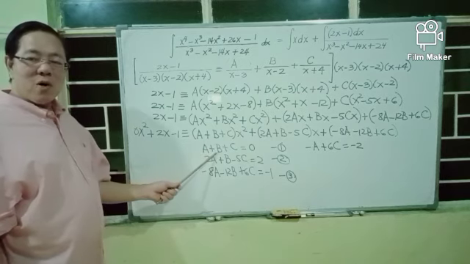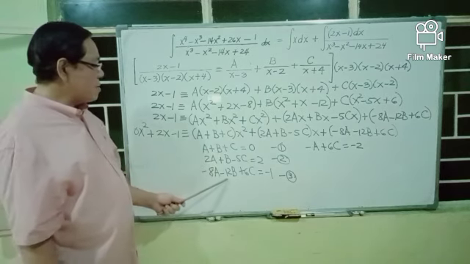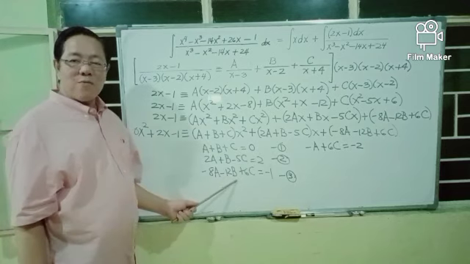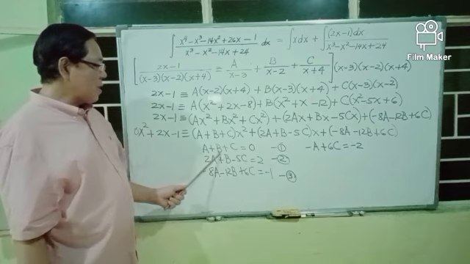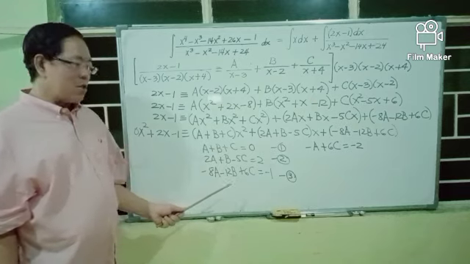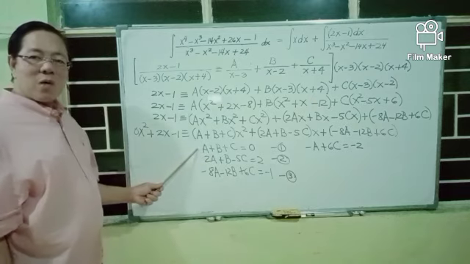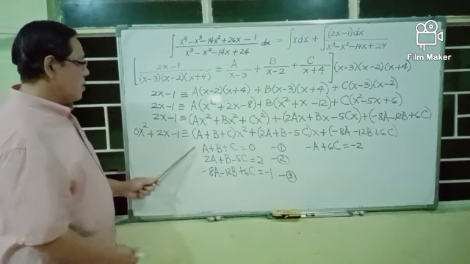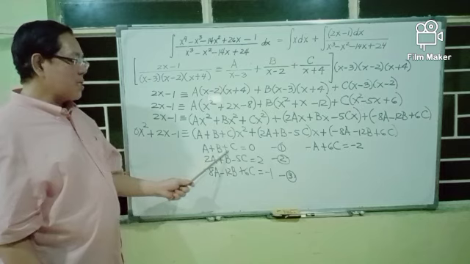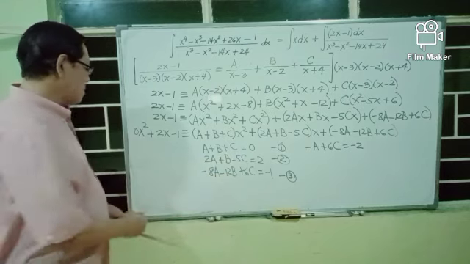If b will have a coefficient of 12 and b in equation 3 has a coefficient of negative 12, we can eliminate b from equations 1 and 3 by addition. But first, we multiply equation 1 by positive 12. We have 12a plus 12b plus 12c equals 0.